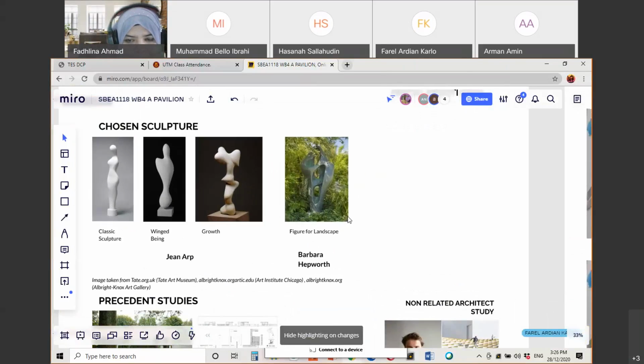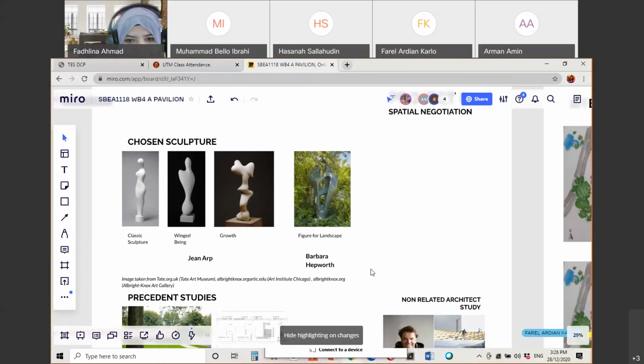From the left, the classic sculpture, he was trying to express the human body itself, like a standing human body. By showing the figures, the shoulders, bust line, hip, with gentle curves.